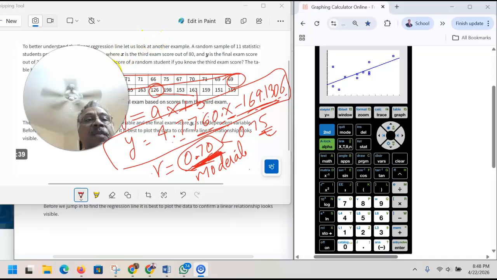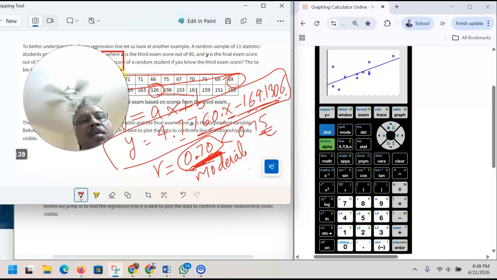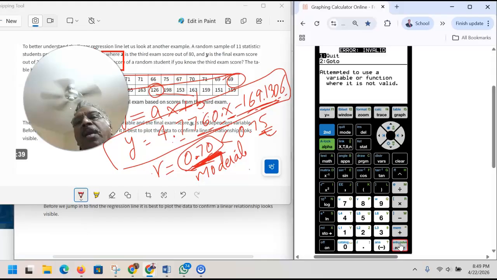Okay, now if you see this, the first row, 65 is the minimum and the big one is 75, right? So if you try to find a value with second calc like this and put 80, which is a big number, and enter, it will say error.